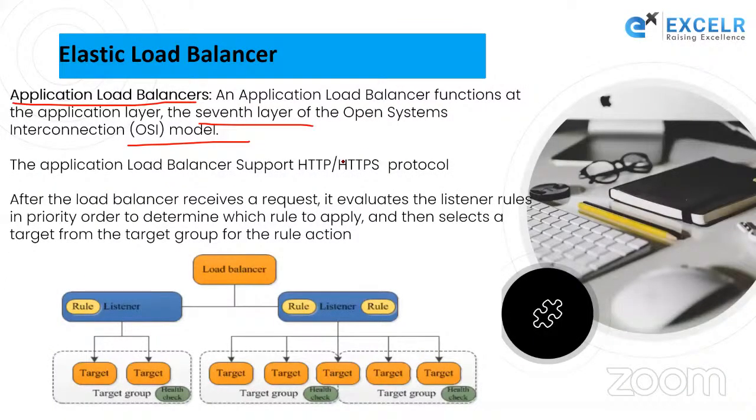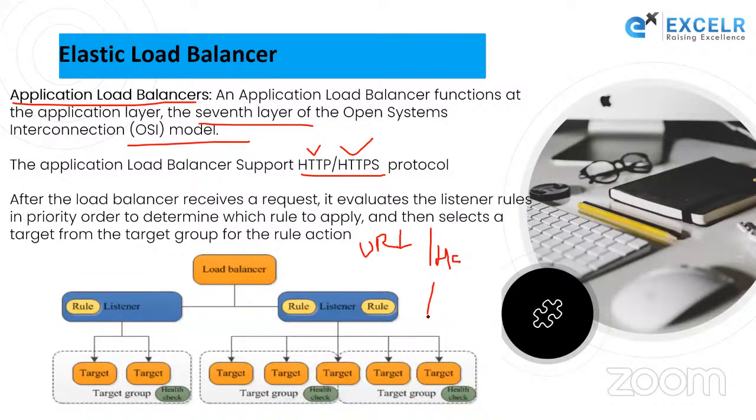Now what this does, it uses two protocols. What are the protocols? HTTP, HTTPS. Why? Because it is operating at layer 7, and layer 7 will talk to your application only on HTTP, HTTPS protocol. Now this load balancer has many capabilities. For example, you can have multiple types of routing based upon the URL. It can route based upon the header which you have in your URL.